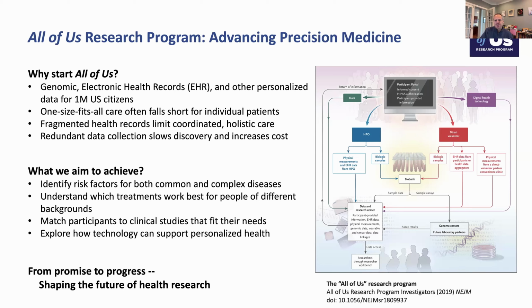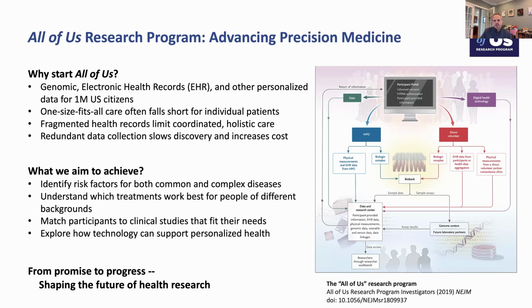So I'm guessing on the call here today, many people are familiar with All of Us. This is a major initiative in the United States. It's arguably one of the largest initiatives. The long-range goal here is to collect genomic resources as well as electronic health records and other personalized data for 1 million US citizens.